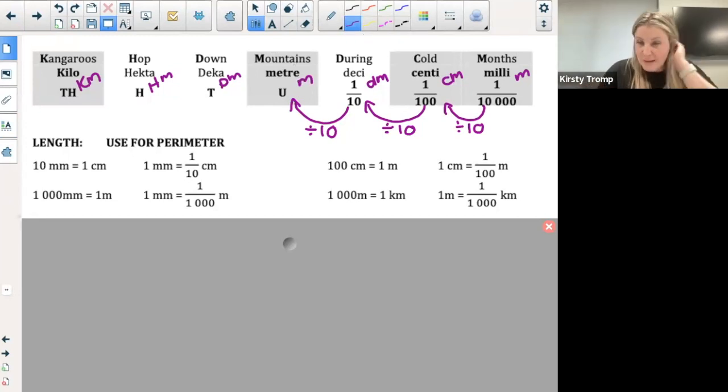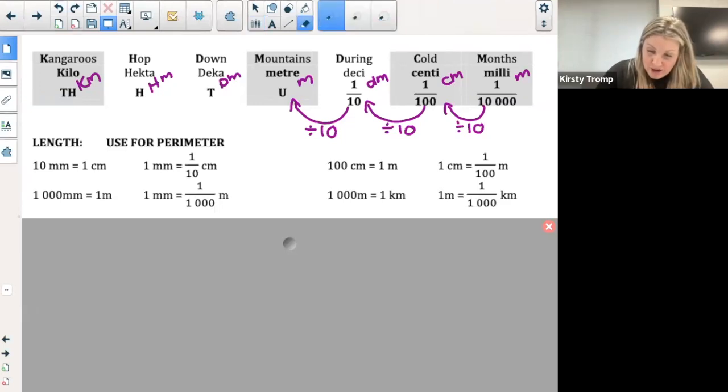So 1,000 millimeters divided by 1,000 gives me 1 meter. But that's the same thing as saying 1 millimeter divided by 1,000 gives me 1 over 1,000 meters. And lastly, 1,000 meters. So let's go have a look at our meters.